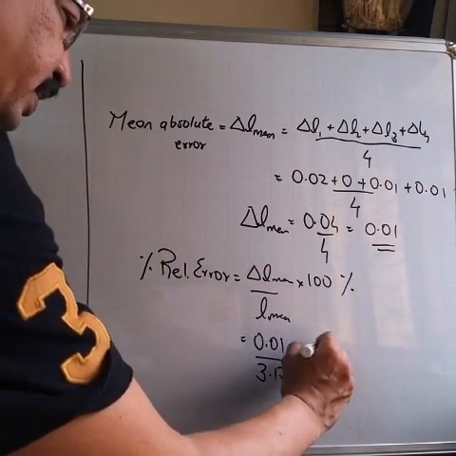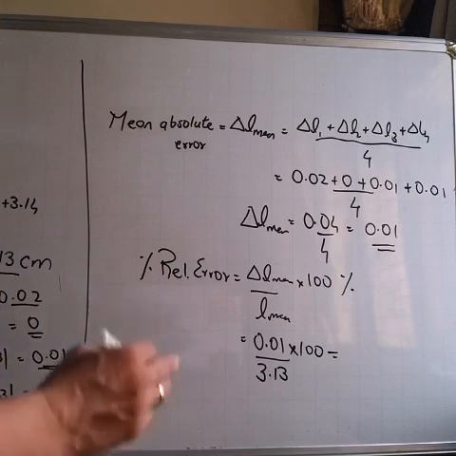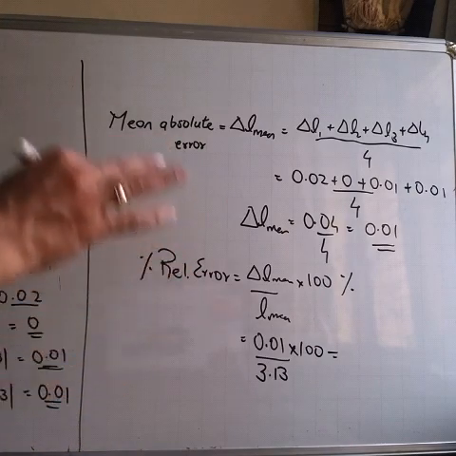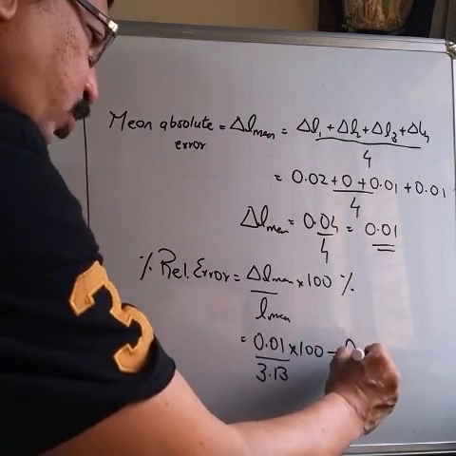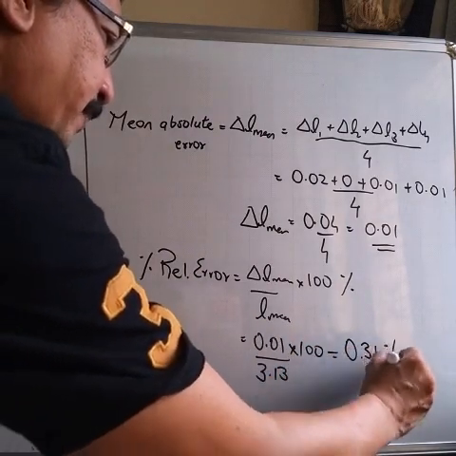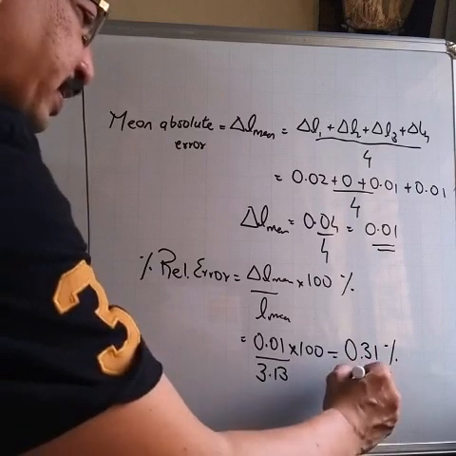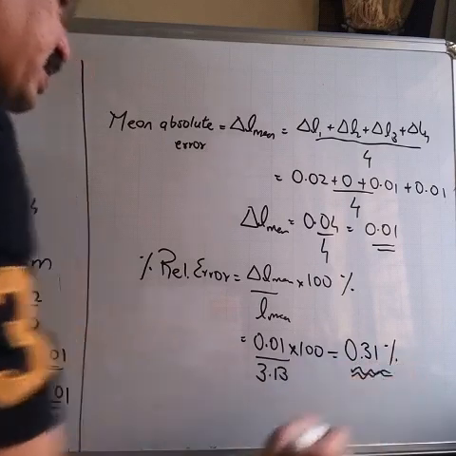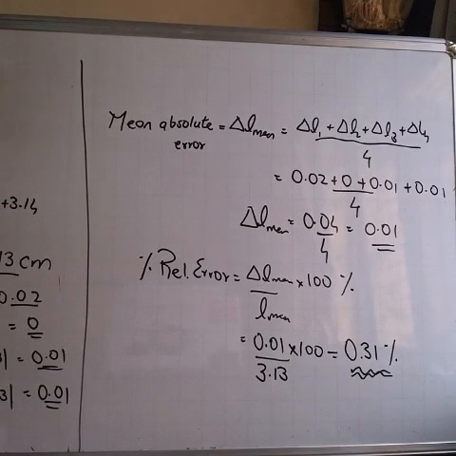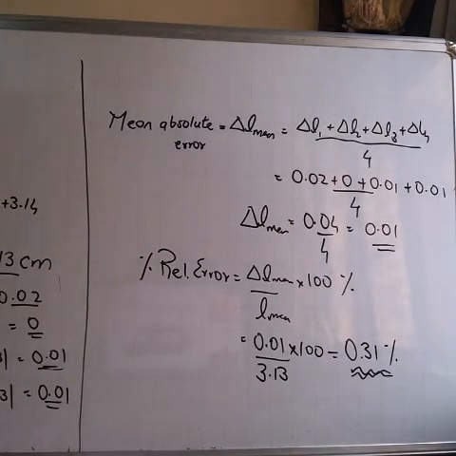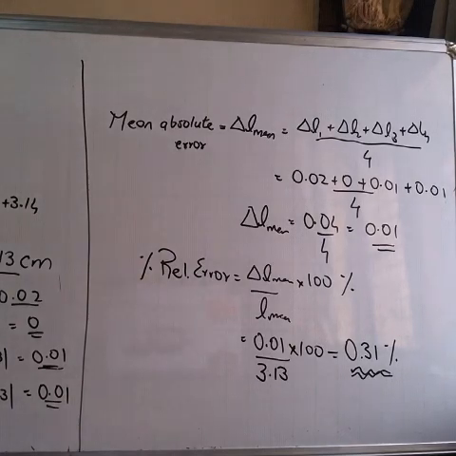On calculating this, by log tables or by calculator, it comes out to be 0.31%. In the textbook they have given the wrong answer. Please do the correction. The correct answer is 0.31%. So that is our sixth numerical.